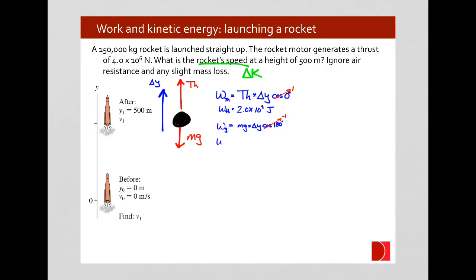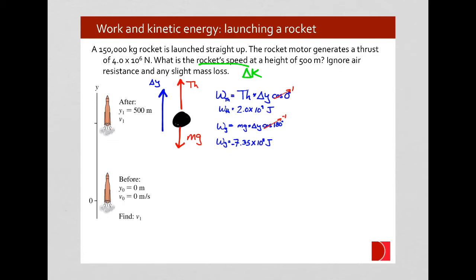So in this case, the work due to gravity is 7.35 times 10 to the 8 joules, and that is a negative amount because gravity is pulling the rocket down. As the rocket tries to go up, gravity is taking energy away from the rocket.